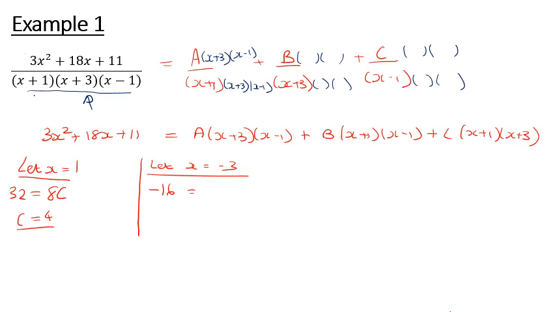On the right-hand side, all of the x plus 3 brackets will turn to zeros, so we can just concentrate on the B part. Minus 3 plus 1 would be minus 2, and minus 3 take away 1 would be minus 4, so this is the number of B's, so minus 16 equals 8B, so B is equal to minus 2.